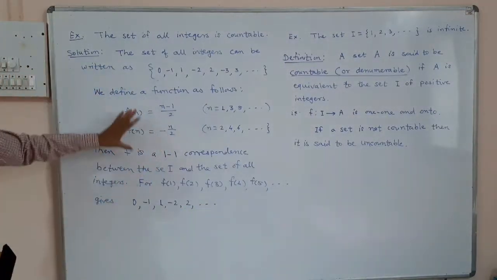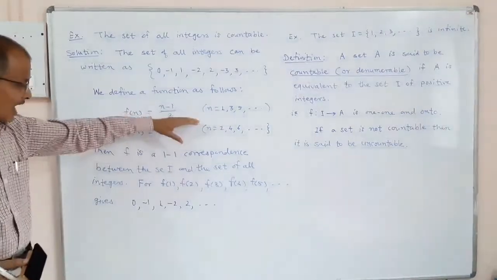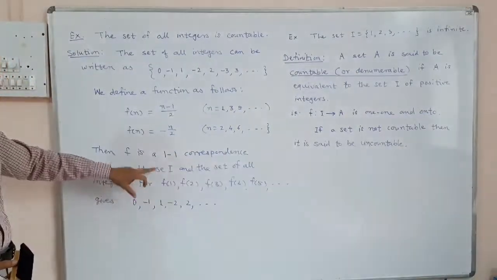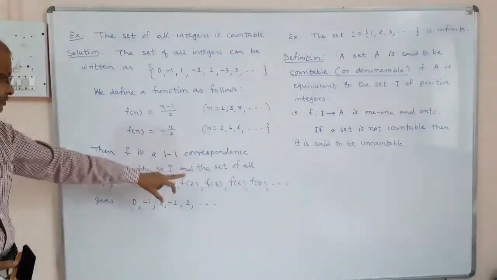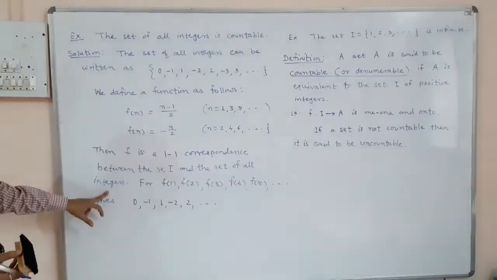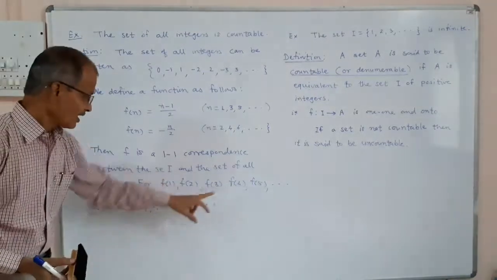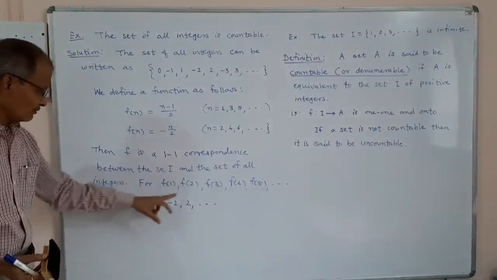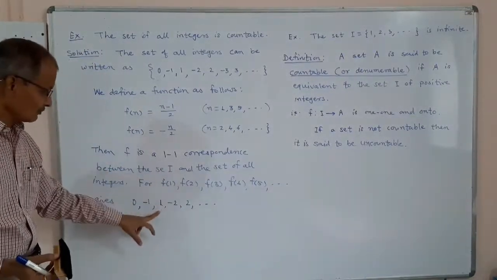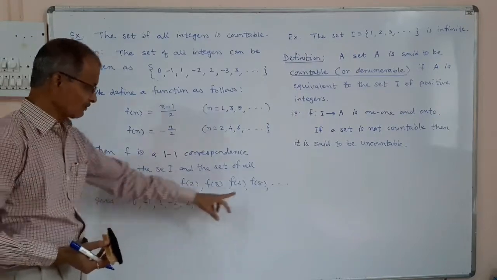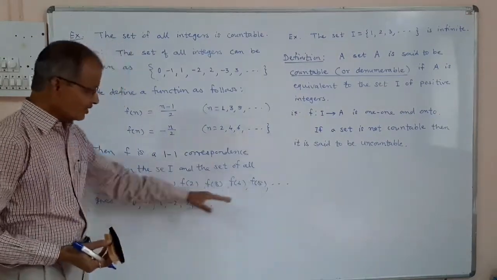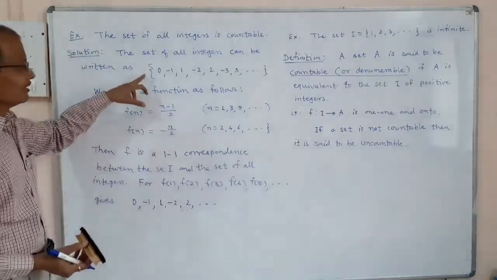Now this function from I to the set of integers is one-to-one and onto, and it gives these images. f of 1 is 0, f of 2 is minus 1, f of 3 is 1, f of 4 is minus 2, f of 5 is 2, and so on. So this gives all the integers.